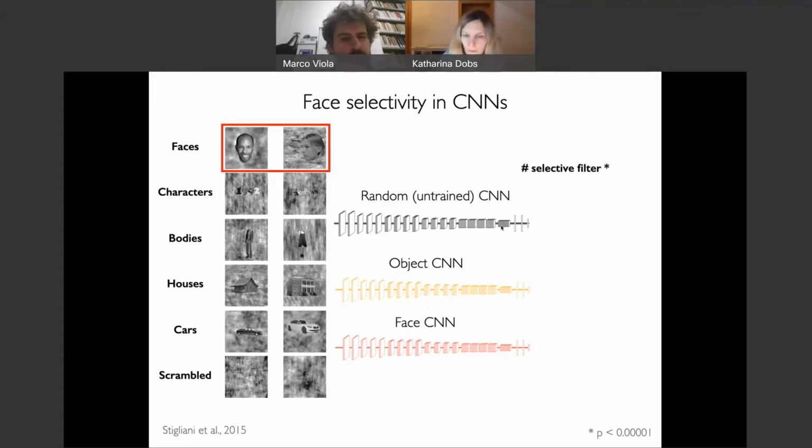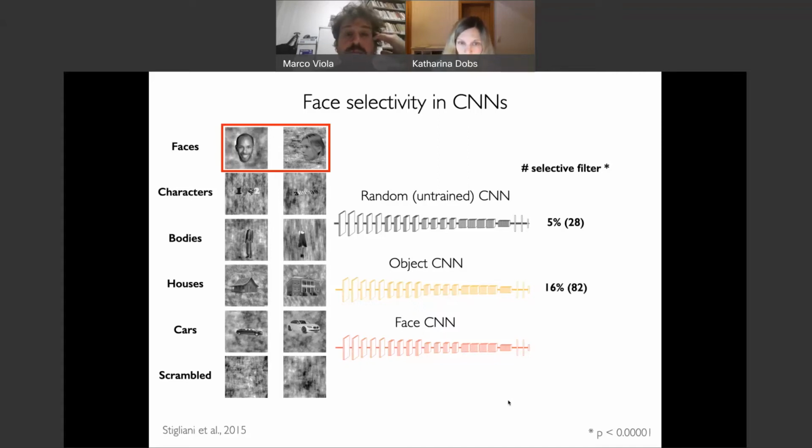And we used a pretty conservative P criterion that you can see here to define what is a significant higher response to faces than to anything else. And indeed, we replicated the finding by Beck et al., and we found that 28 of the 512, so 5% of the filters, significantly responded more to faces than to anything else.